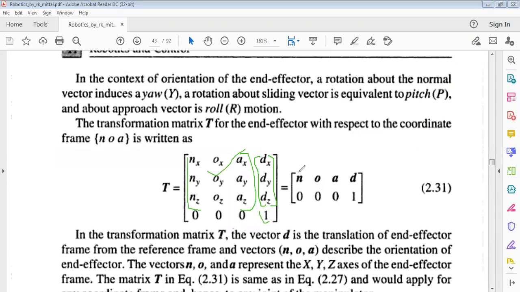In short form, the transformation matrix is written like this. The elements N, O, A, D are bold letters, which represent vectors: the N vector, O vector, A vector, and D vector. The D vector is always the translation.